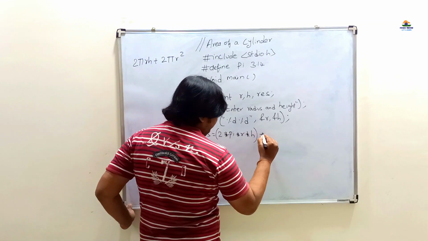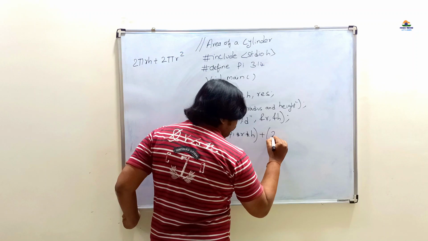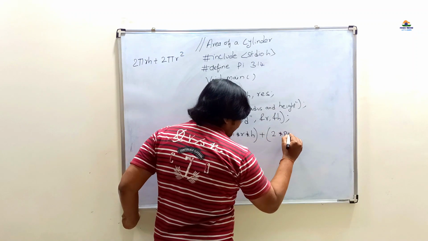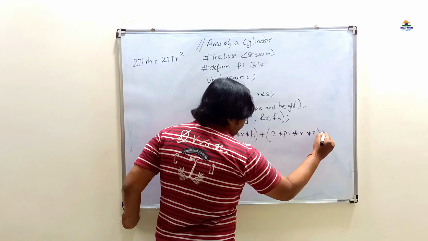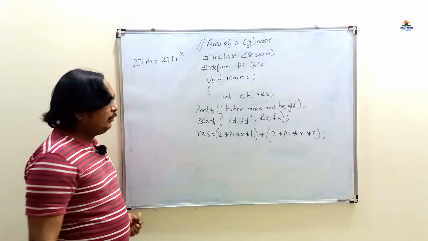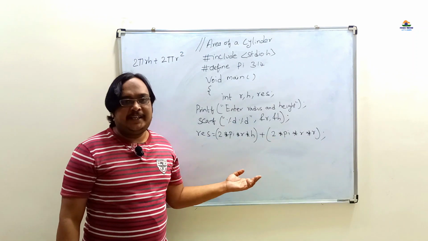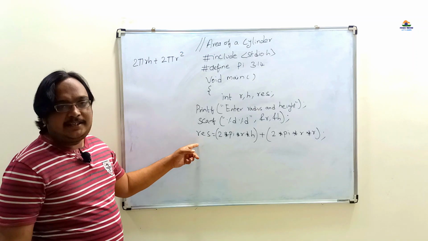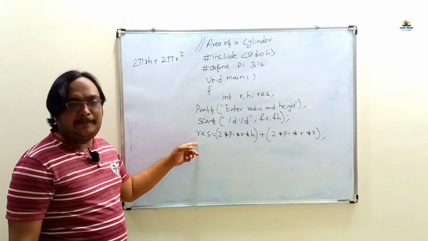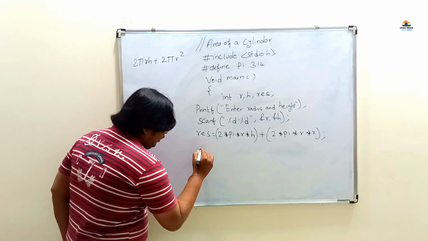Next, plus 2 pi r square, that is open the bracket, 2 into pi into r into r. This total value will be calculated as per precedence and associativity, and the total result will be stored in RES. Precedence and associativity is also available in my previous class. You can go through it.